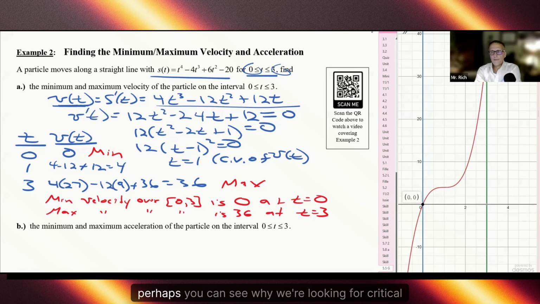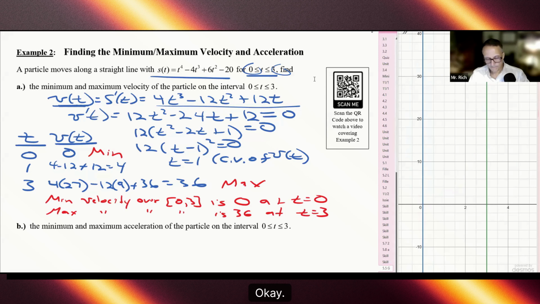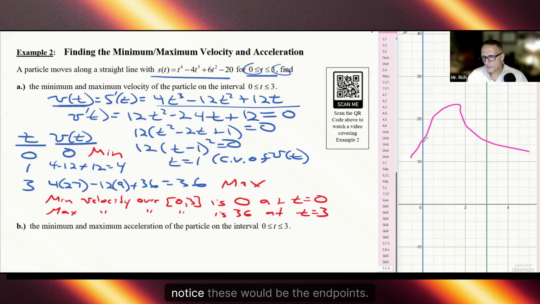And perhaps you can see why we're looking for critical values in the interval. Because, well, let's just suppose I'm going to draw on this and just give you some examples of what a function could look like. Let's turn this thing off. I think that might help. If my function did something like this, notice these would be the endpoints.